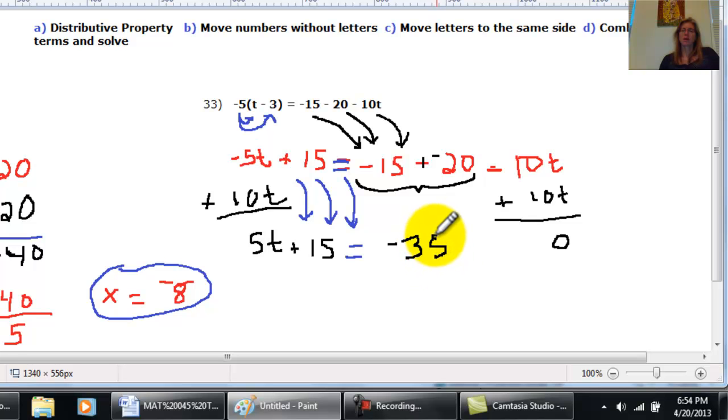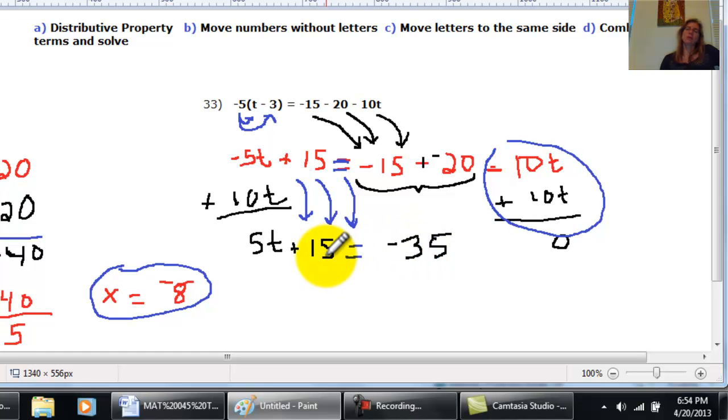You have negative 35. This is gone because you had a minus 10t plus a 10t, which becomes 0, so that's no longer down here on our equation. So now we have 5t plus 15 equals negative 35.